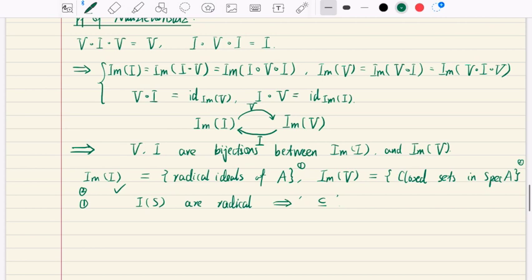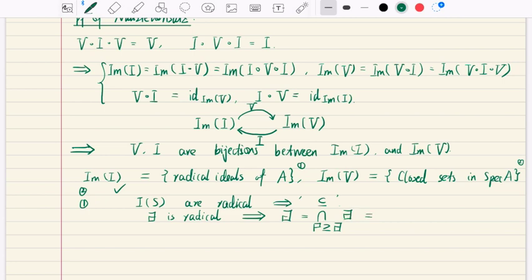For the other direction, take any radical ideal A. If A is radical, which means that A is equal to the intersection of the prime ideals containing A.